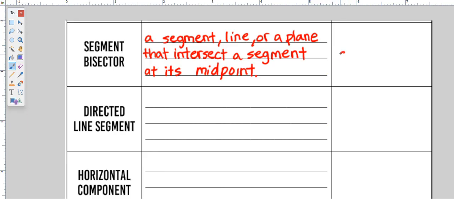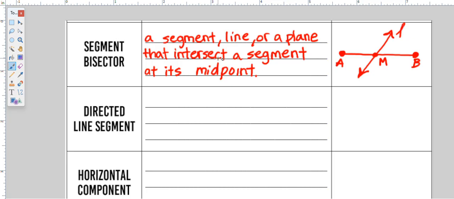Okay, we'll say that I have line segment A to B. Okay, that's A, B. And then passing right through the middle, and we're going to label the middle with a capital M for midpoint, we have a line, and I'll call this line L. Okay, that line L is passing right through line segment AB.